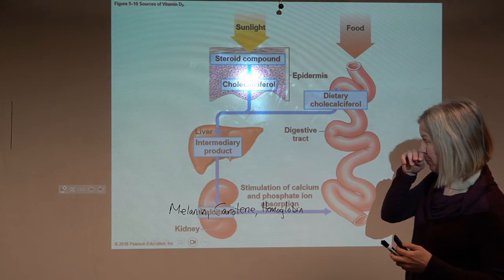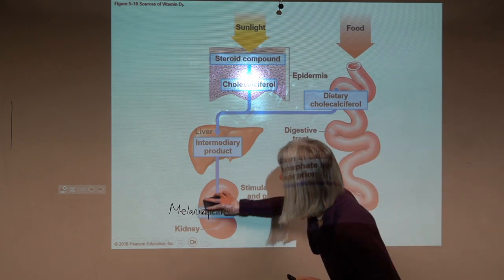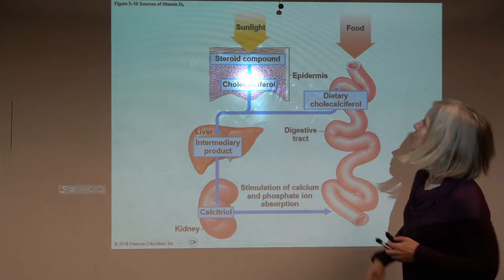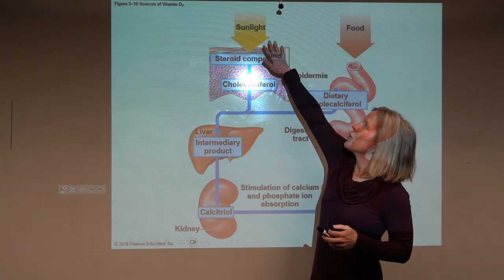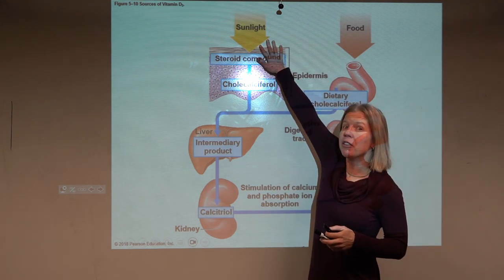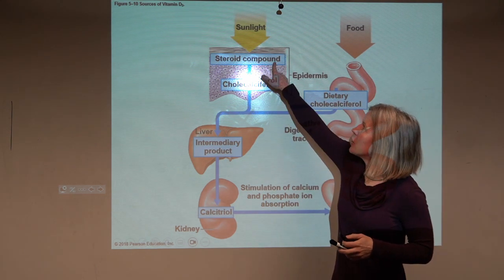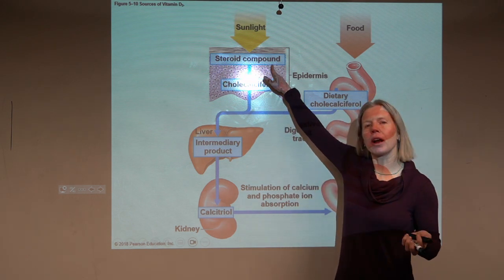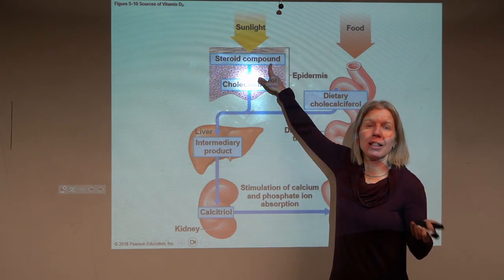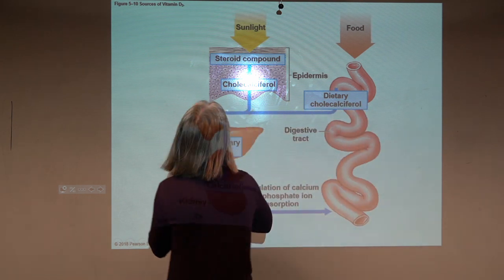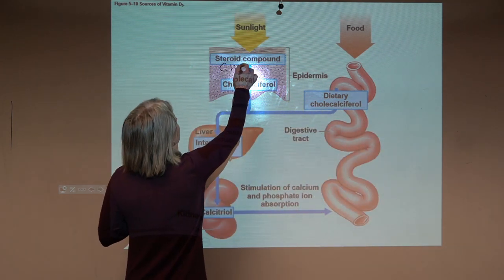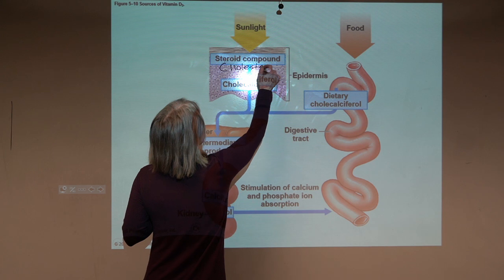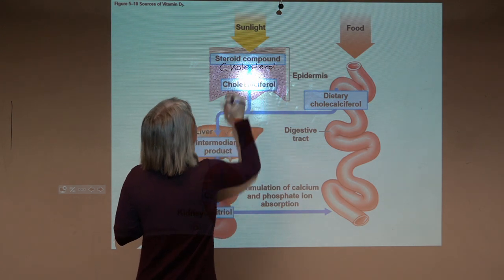vitamin D production looks like this. So when you get exposure to UV radiation, it actually is going to interact, they're saying steroid compound, this is essentially cholesterol. Right?